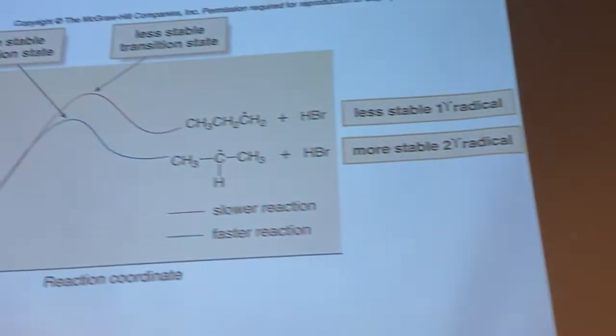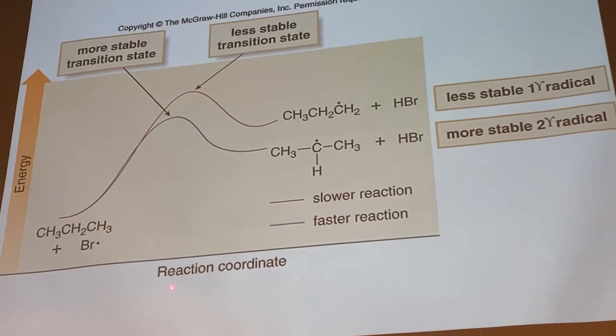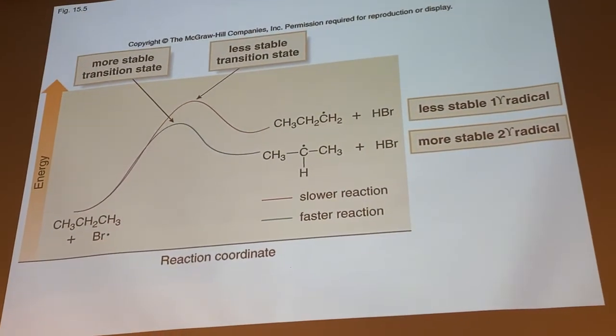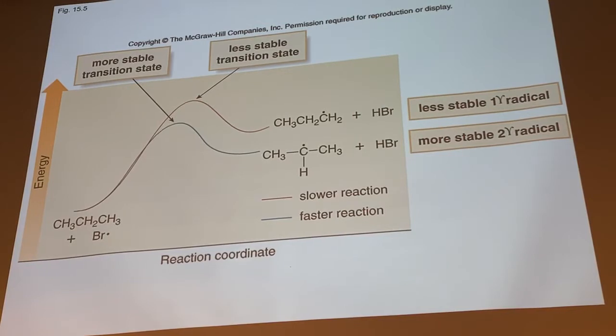So here we have the energy diagrams for these two propagation steps that I drew for you, both of them originating from propane and a bromine atom. The red pathway is leading to the less substituted primary radical. The blue pathway is leading to the more substituted secondary radical. And as we know, the secondary radical is more stable, lower in energy than the primary radical.